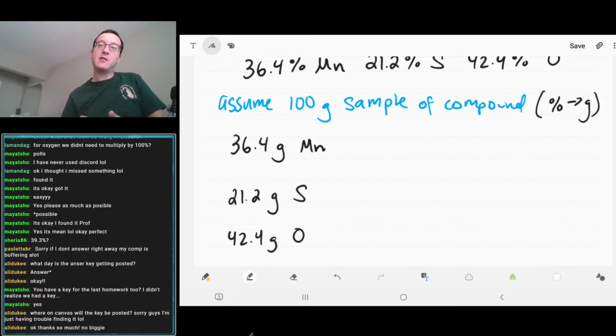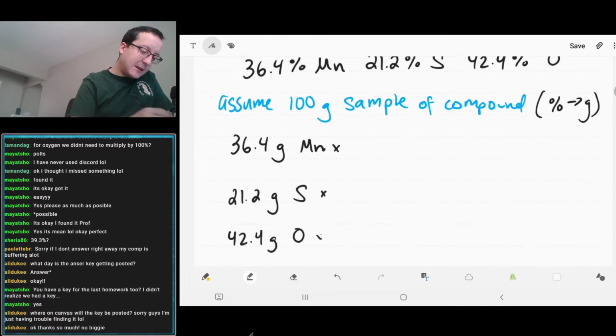In order to figure out the ratio of manganese to sulfur to oxygen, we want to convert them all into a unit that we can compare, and that is going to be moles. So we're going to convert all of these into moles.